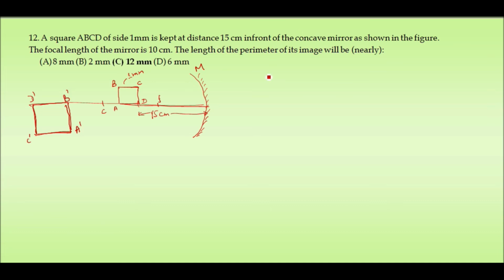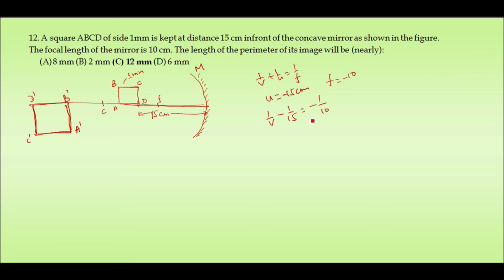Now if we apply the mirror formula, then 1 by V plus 1 by U is equal to 1 by F. For this, if we take U equal to 15 centimeter, U comes with a negative sign here, so 1 by V minus 1 by 15 is equal to 1 by F. F is also equal to minus 10.